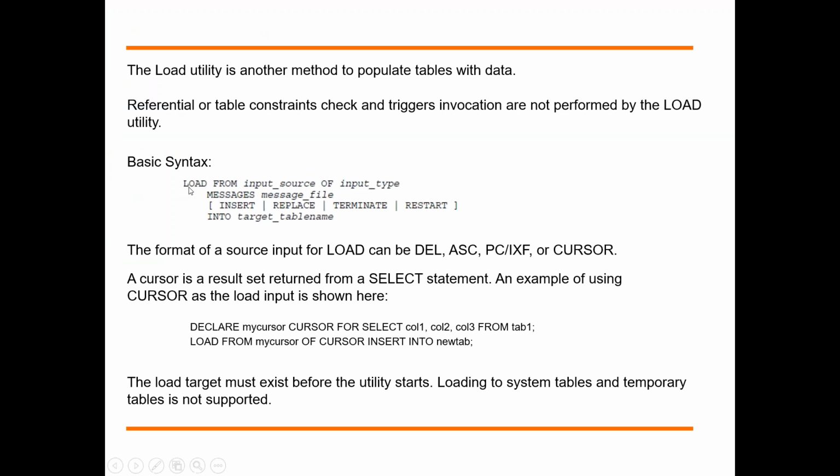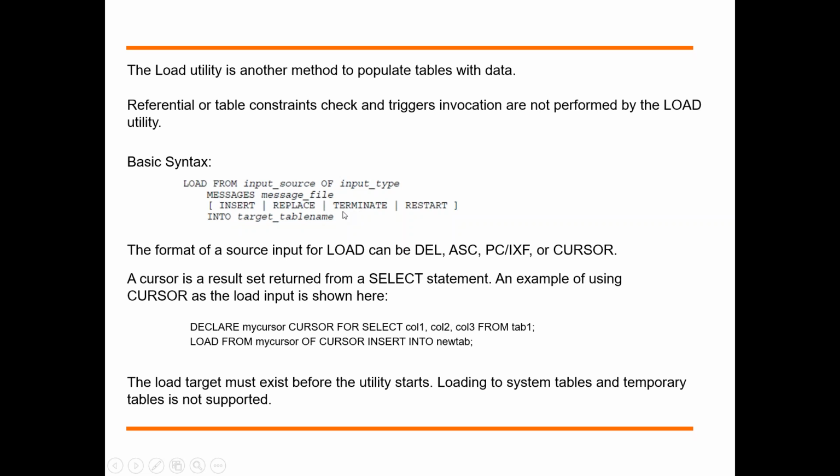The syntax is very simple. Load from, the same as import from. The data file, of file type, messages, into a target table. Load comes in 4 different operations: insert the data, replace the data, and 2 other major options, which are terminate and restart.